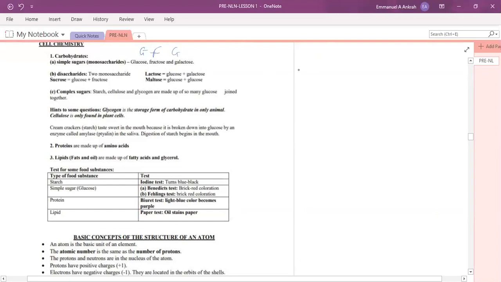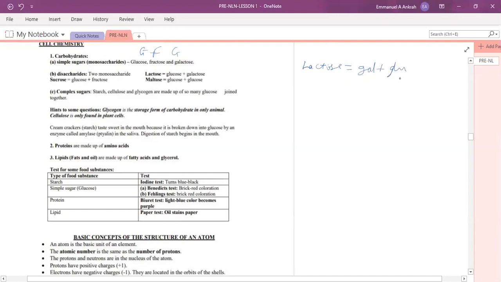Basically, let me start with lactose. In my mind, lactose rhymes with galactose. So I know galactose is one of the breakdown products. Then plus the other one. They all contain glucose, so I don't worry my brain about that.